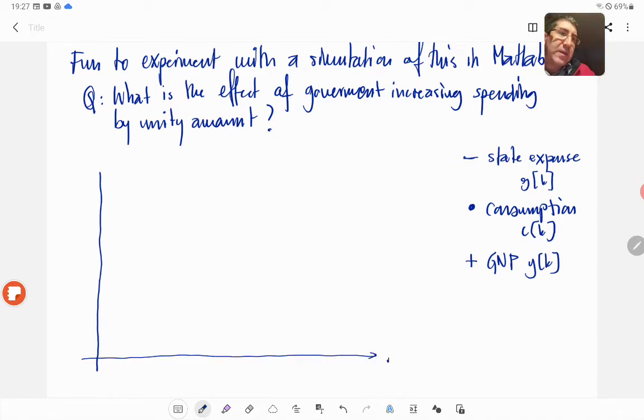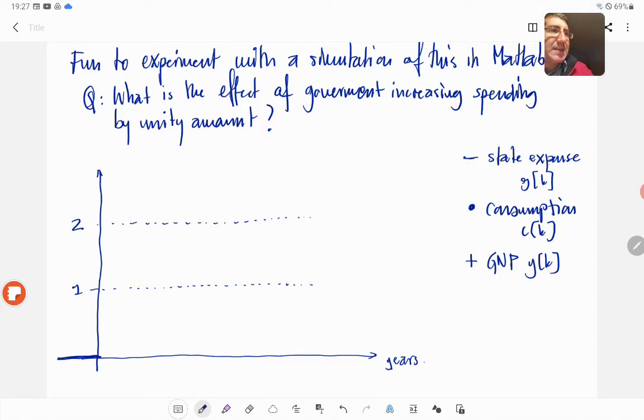So this is years, and these are our selected variables. Let's say that this is 1 and this is 2. I'll try to come up with a reasonable sketch. So here are our inputs.